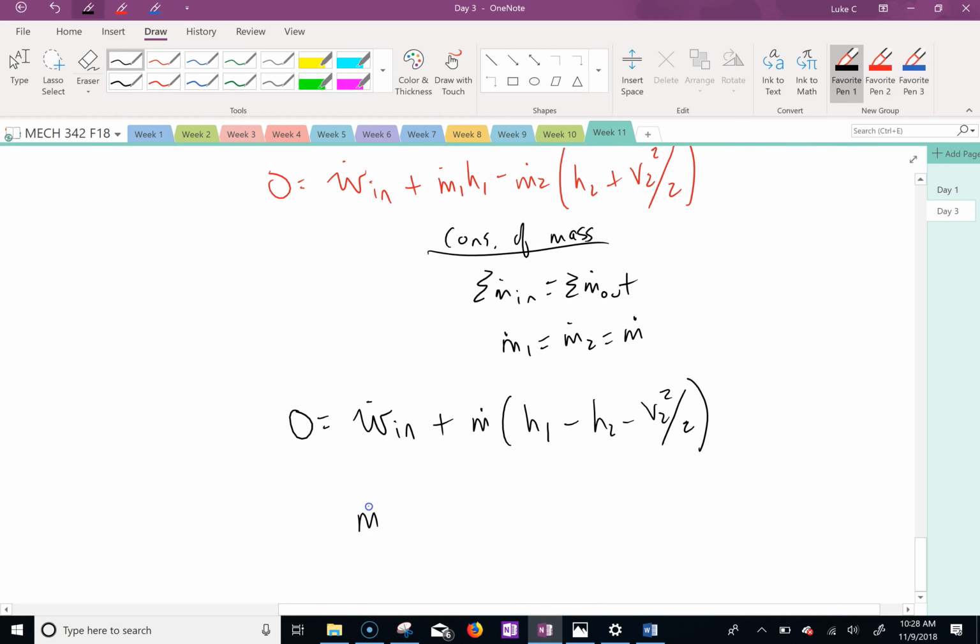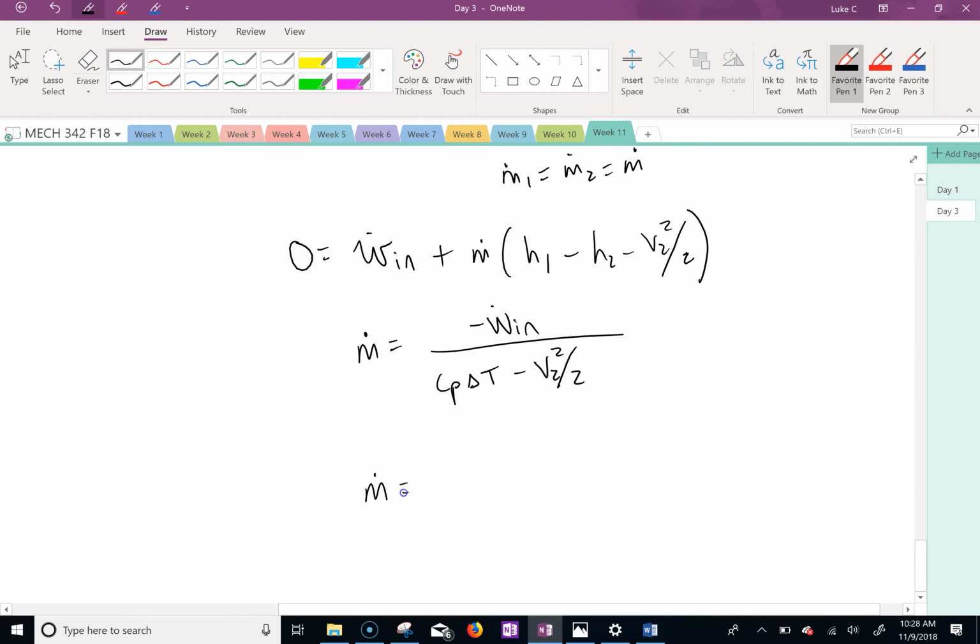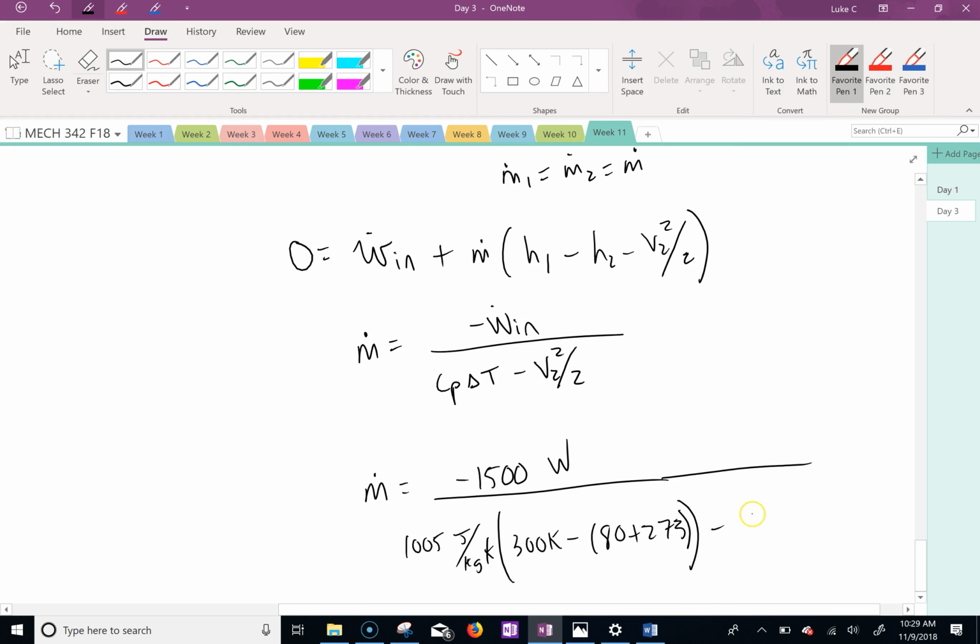And then I think we can solve for mass flow. So m dot equals minus 1500 watts over 1005 joules per kilogram K times 300 K minus (80 plus 273) K, minus 21 meters per second squared over 2.